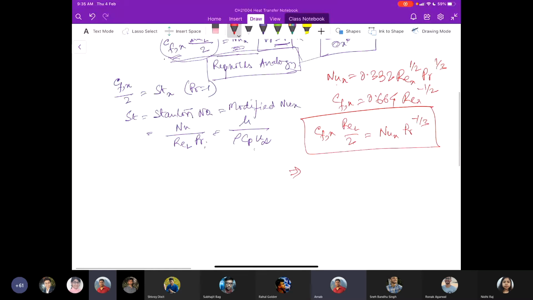Or in further compact form, divided by 2 is equal to our Stanton number in compact form and Prandtl number to the power 2/3.